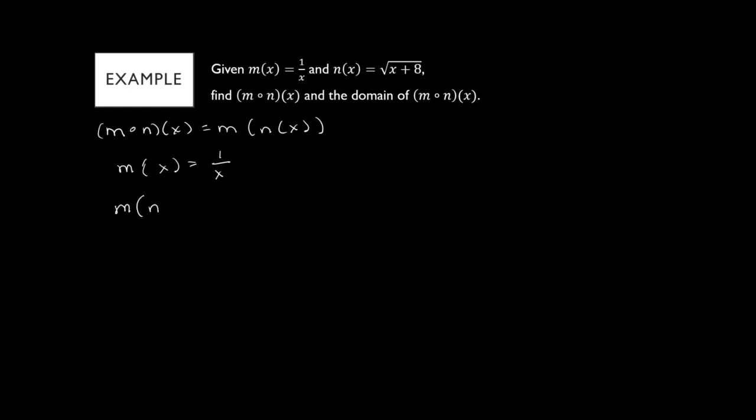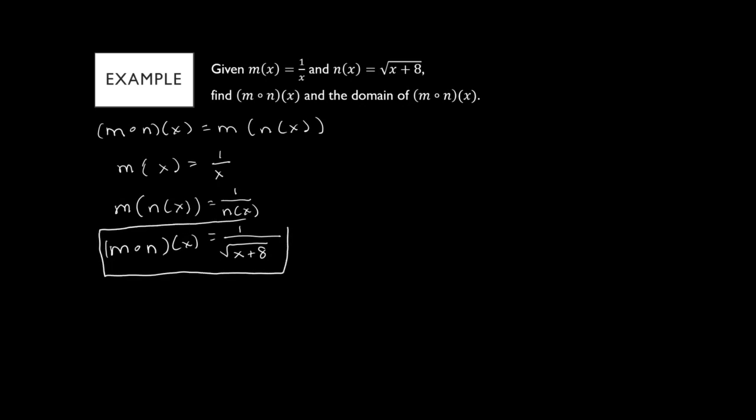And then m of n of x is 1 over n of x. And n of x is the square root of x plus 8. So m of n of x is going to give us 1 over the square root of x plus 8.